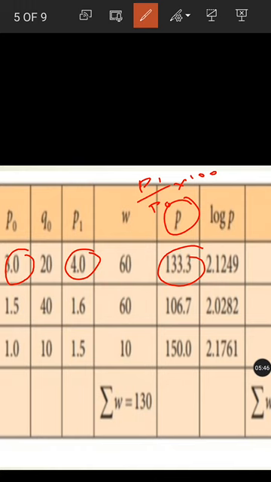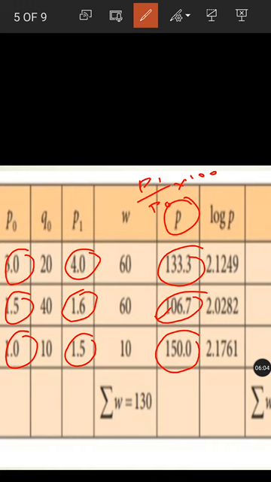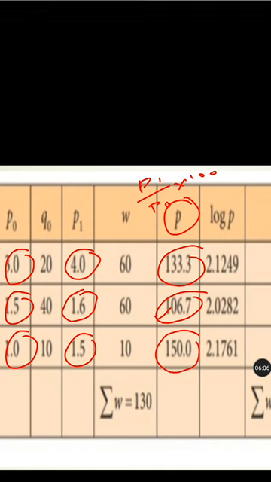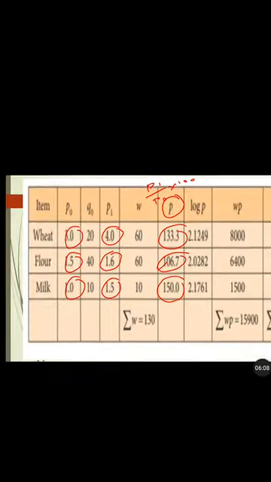Similarly, we calculate the rest of the values. P1 is 1.6 divided by 1.5 into 100, which is 106.7. Then the third value is 1.5 divided by 1.0 into 100, which is 150.0.